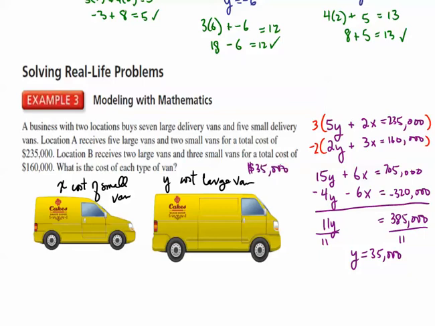Now I'm going to take that number and plug it into the first equation, which says 5y plus 2x is 235,000.